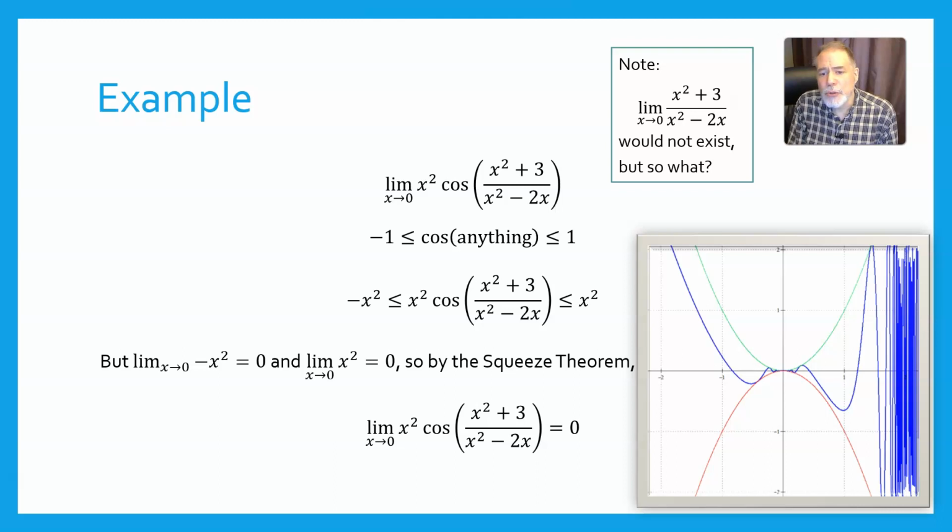So it does all sorts of weird things, but it's squeezed in between those other two functions that are both approaching 0, so it has nowhere to go but to 0 as well. The walls are closing in, you can't escape, you've got to approach 0.